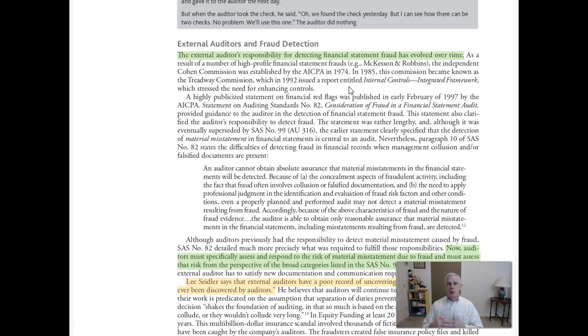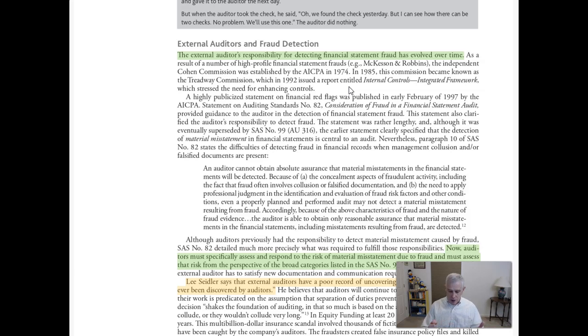We're there just to express an opinion on whether the financial statements materially represent the operations and the status of the company. Are these materially correct? In other words, we're not looking for fraud.